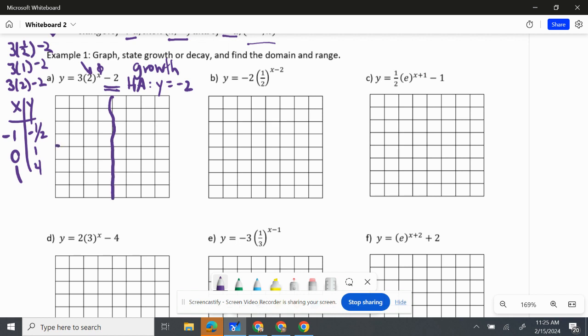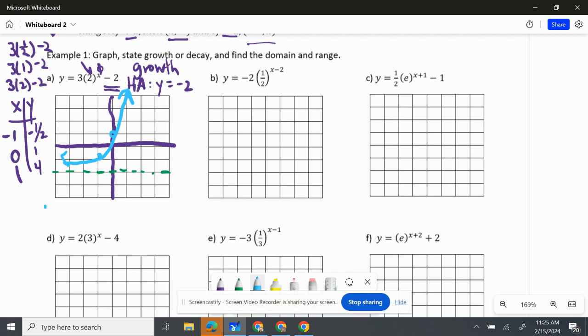So we have our axis. We have our horizontal asymptote being -2. And then with our graph, we have -1, -1/2, 0, 1, and 1 and 4. So this right here would be our graph.